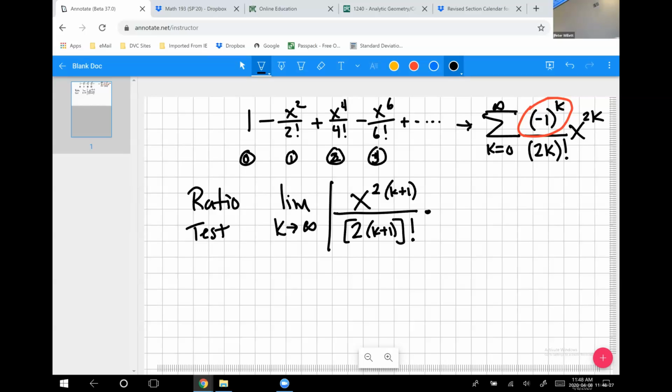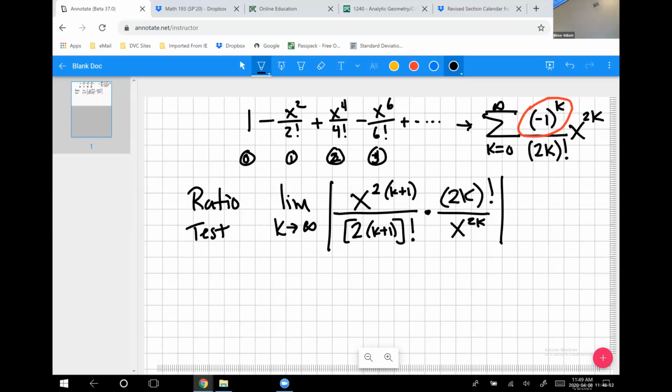And then I would divide this by the kth term, which means I'm going to take the reciprocal and multiply. So that's going to be 2k factorial divided by x to the 2k. I take the limit of this as k goes to infinity, and x is a constant compared to k, so I can pull it out.